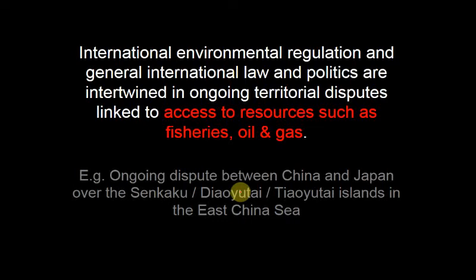Disputes about islands between Japan and China, and a range of atolls south of China and the South China Sea. And those disputes are typically not just about power and government, they're actually about access to resources, so fisheries, oil and gas. Because if you can control an area, then you can extract the resources from it.